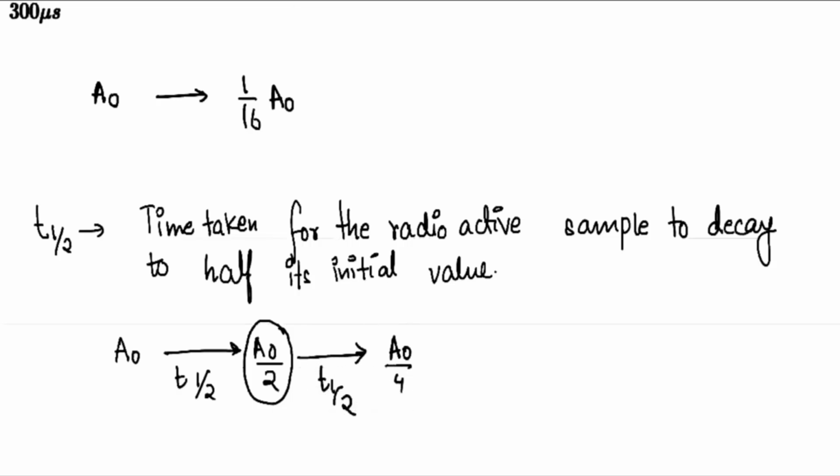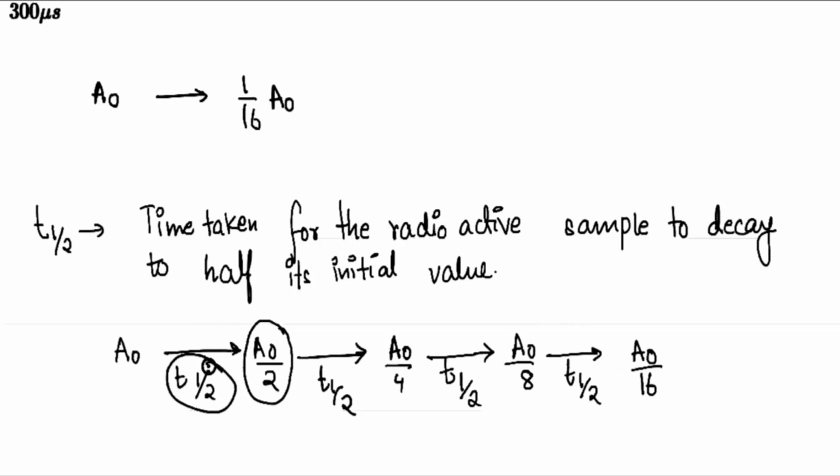Again A naught by 4 becomes A naught by 8, one more T half. And lastly, A naught by 8 undergoes its half-life and becomes A naught by 16, again a T half. So if you see, there are 1, 2, 3 and 4 times T half, which means 4 half-lives are taking place.